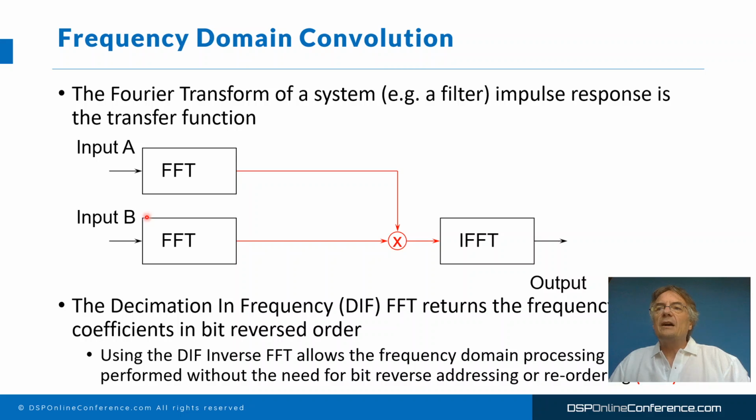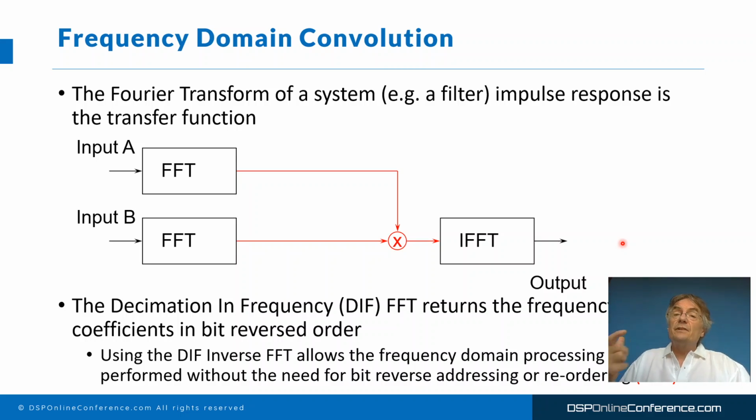Let's say A is our real-time input stream and B is our filter coefficients, as per the transfer function diagram before. We translate the real-time stream and the coefficients into the frequency domain, where we do our cross multiplication, inverse FFT, and we get our output.